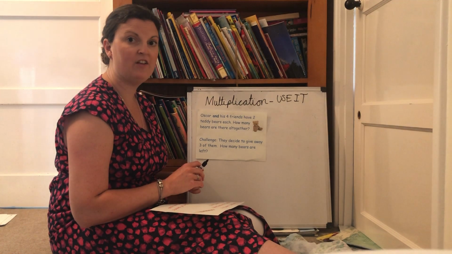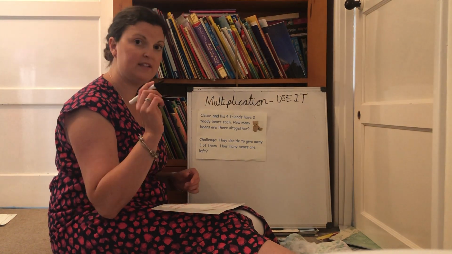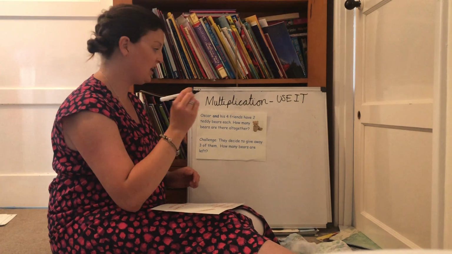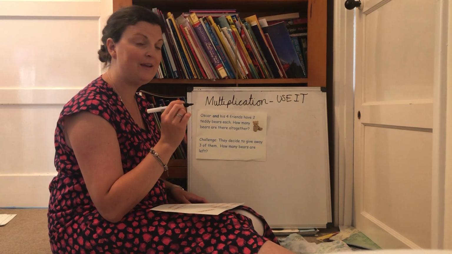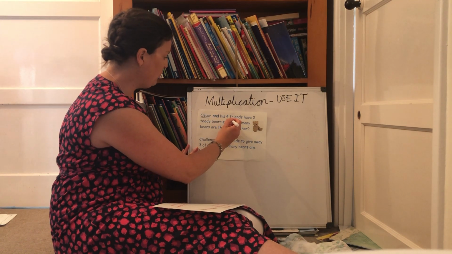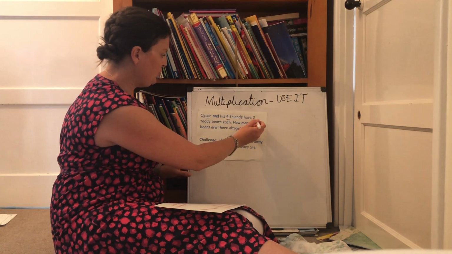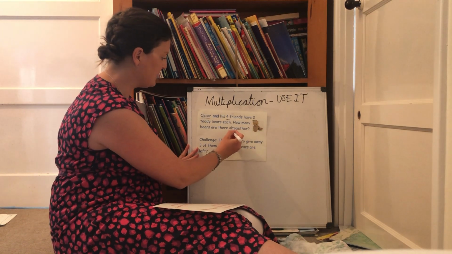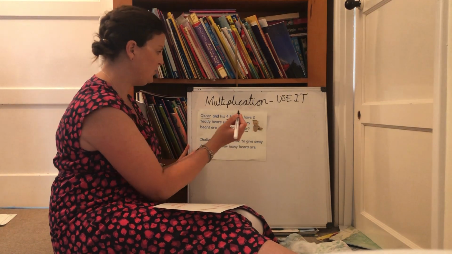How many bears are there all together? So once again, I'm going to take my pen and underline what I think are the really important facts. So I have Oscar and his 4 friends have 2 teddy bears each. How many bears are there all together?